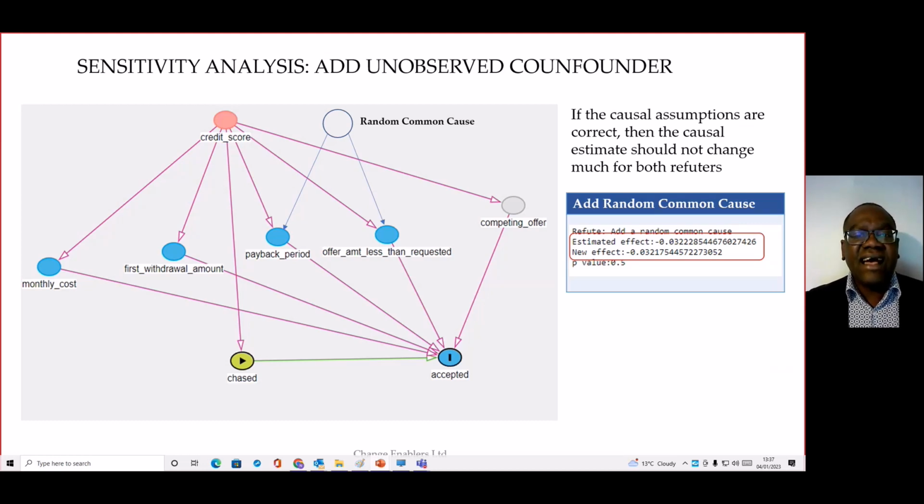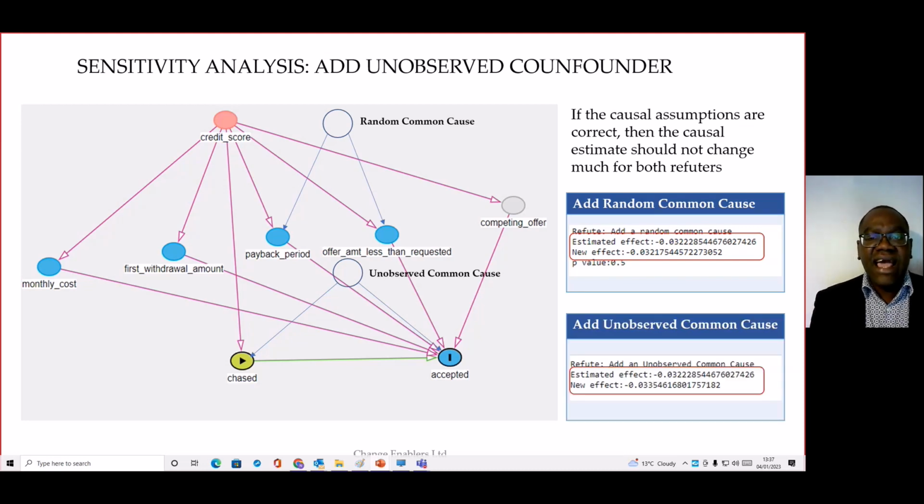The second technique involves adding an observed common cause to the treatment and the effect, as we see there. Again, if the assumptions are robust, they should not be sensitive to the additions of this common cause. And as we can see there, our new estimate is relatively unchanged.